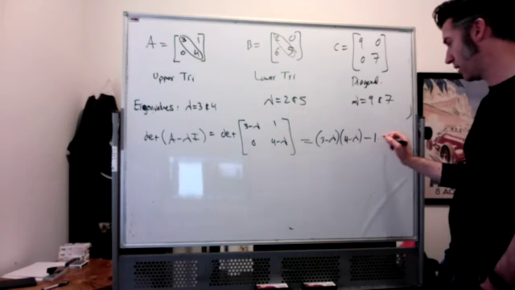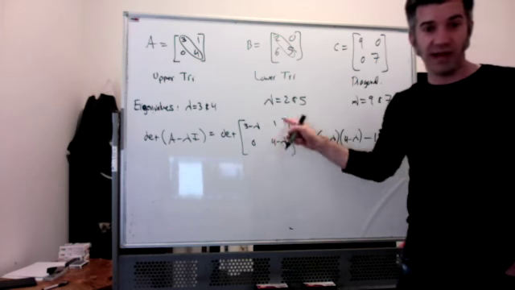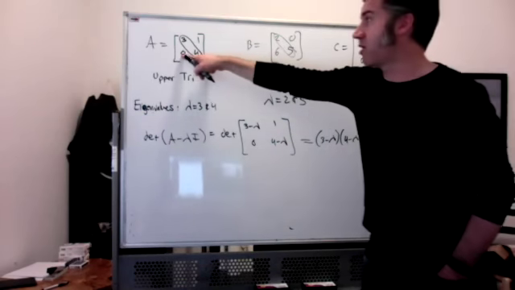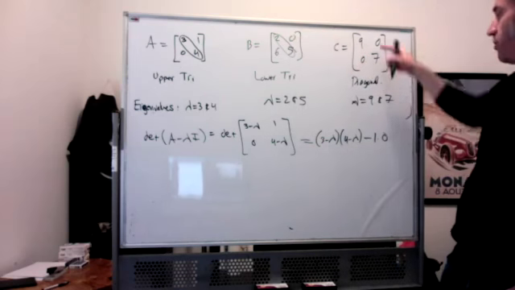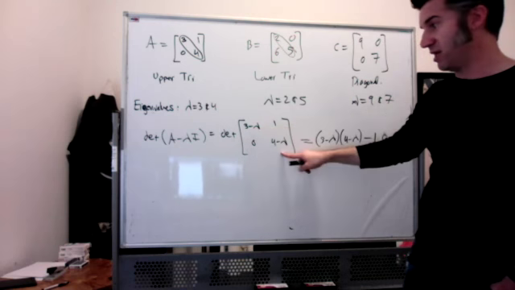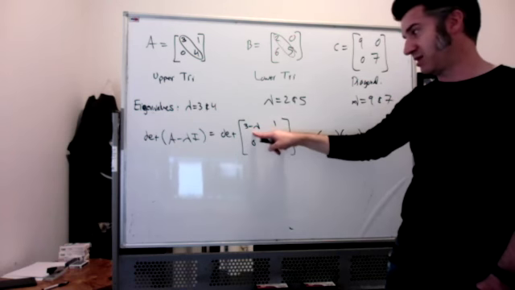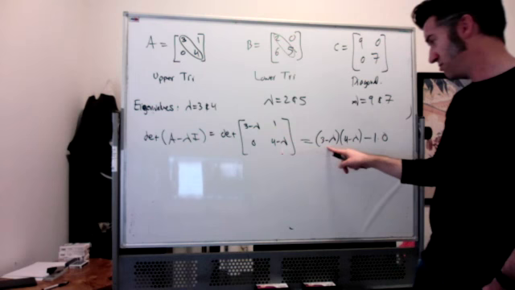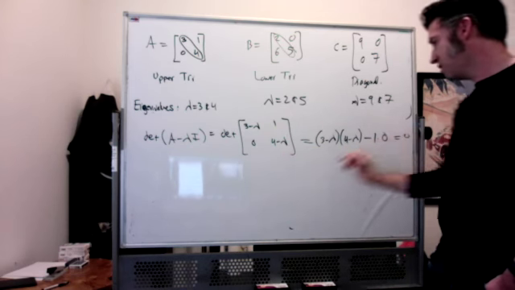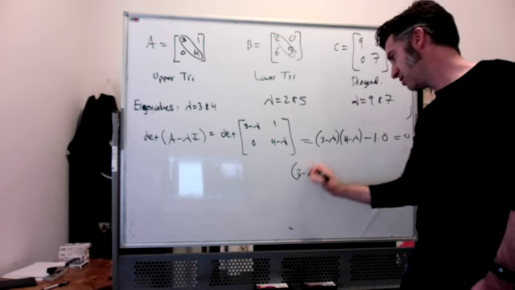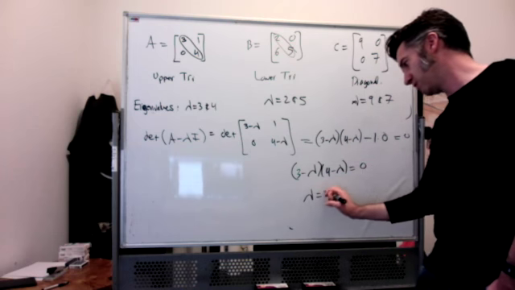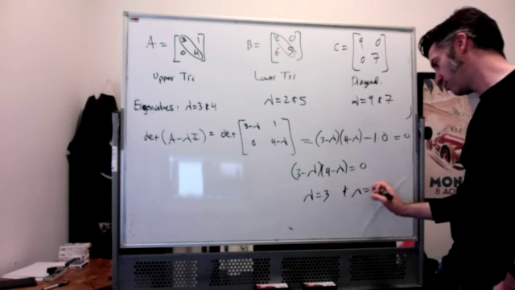But one of the off diagonals is 0, meaning the product has to be 0. So if you have a 0 here, or a 0 here, or both, this part is always going to be 0. So you're just going to get this times this. Those somethings minus lambda are going to be your eigenvalues. So we've got 3 minus lambda times 4 minus lambda equal to 0. Well, lambda equals 3, lambda equals 4.